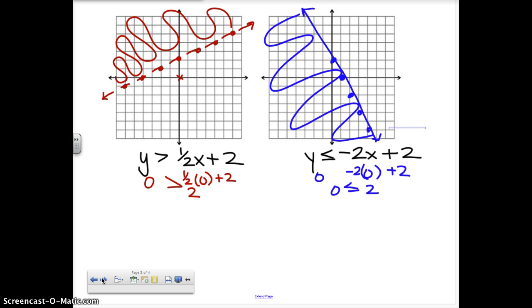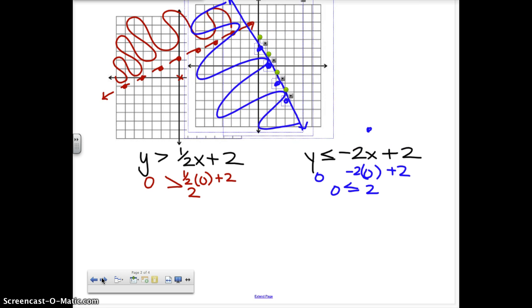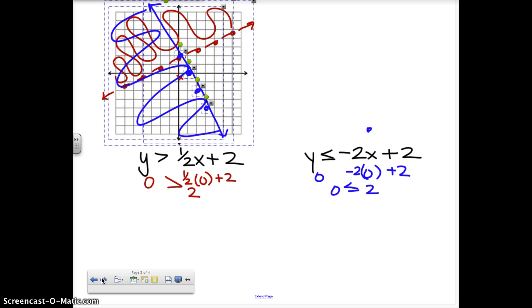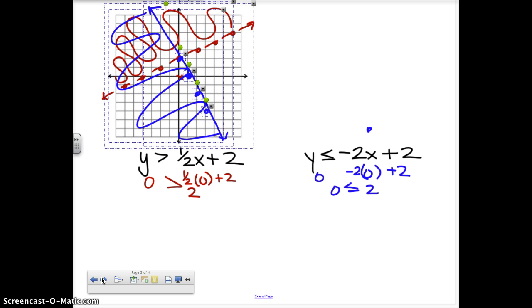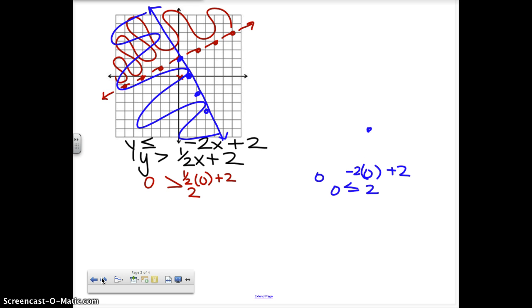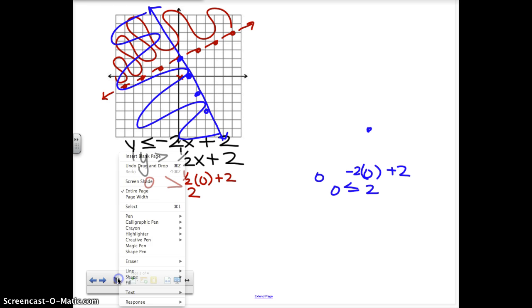What makes it different is that now we're going to look at those two together. Because now we're looking at this as if it were a system of inequalities, and a system means more than one. So there's my two inequalities, red and blue, graphed them both. Okay? The solution is where they overlap, right?